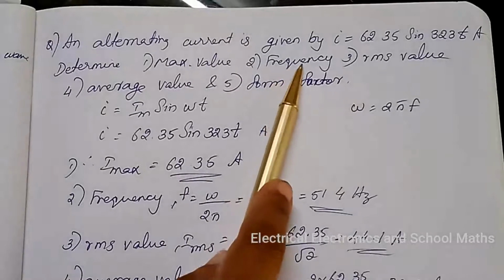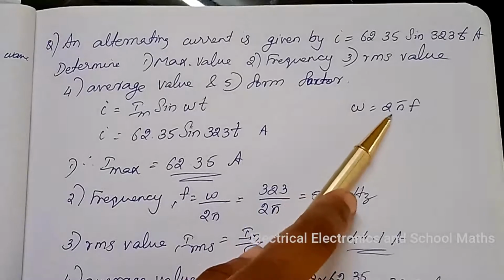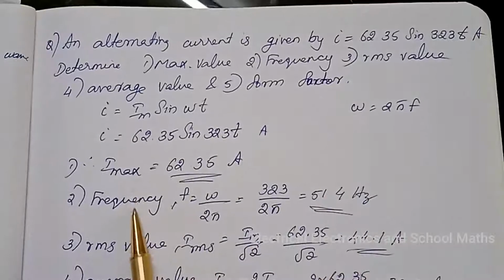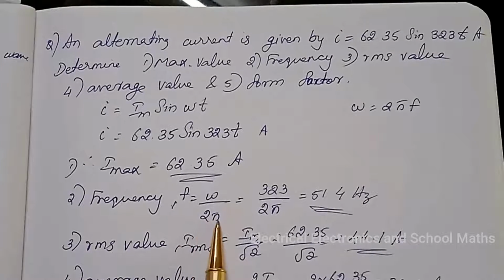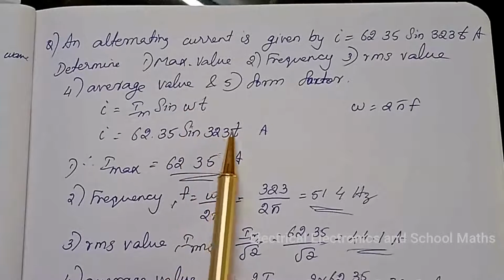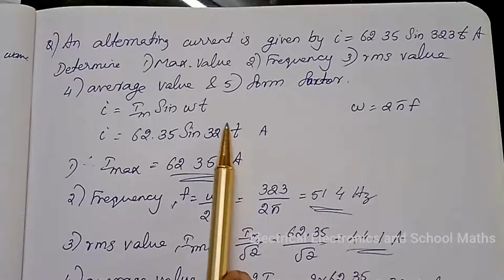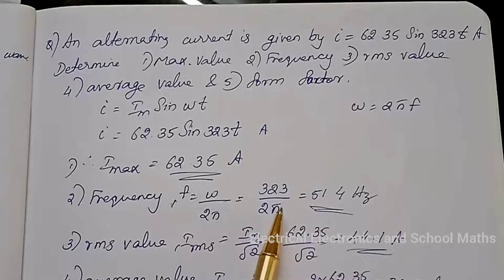Next we have to find frequency. We know omega equal to 2 pi f. From this we get frequency f equal to omega by 2 pi. Comparing these two equations, the value of omega is 323. So we get 323 divided by 2 pi.